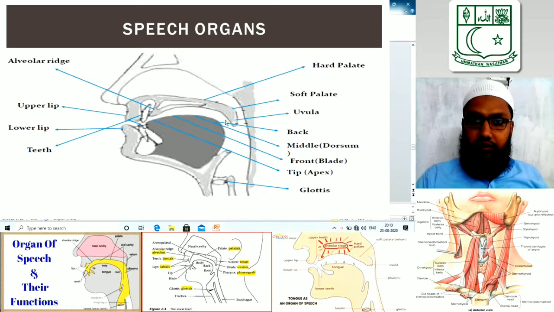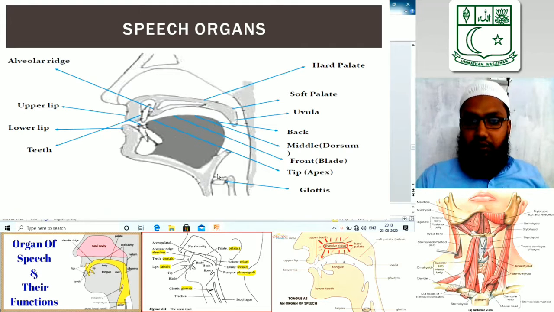Then our whole tongue is divided into 4 parts. One is the back part of the tongue, then the middle part, and third the front part of the tongue, and finally the tip of the tongue. Blade of the tongue, front part of the tongue.